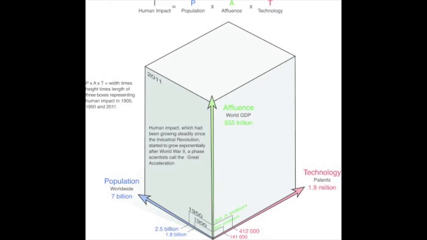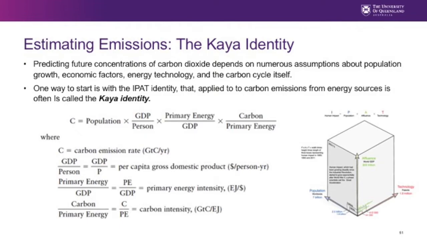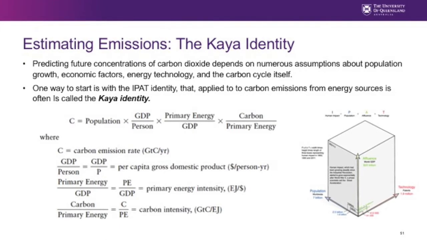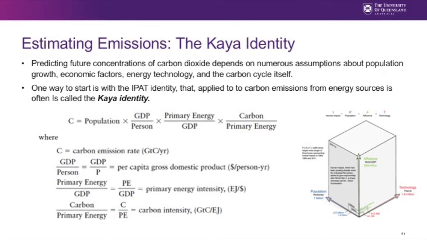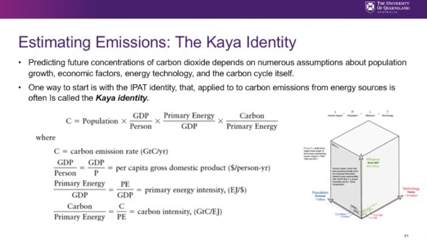But in the case of the estimation of total CO2 emissions, we're going to talk about the Kaya identity. The Kaya identity is an equation widely recognized to determine and also to help predict future concentrations of carbon dioxide in the atmosphere.